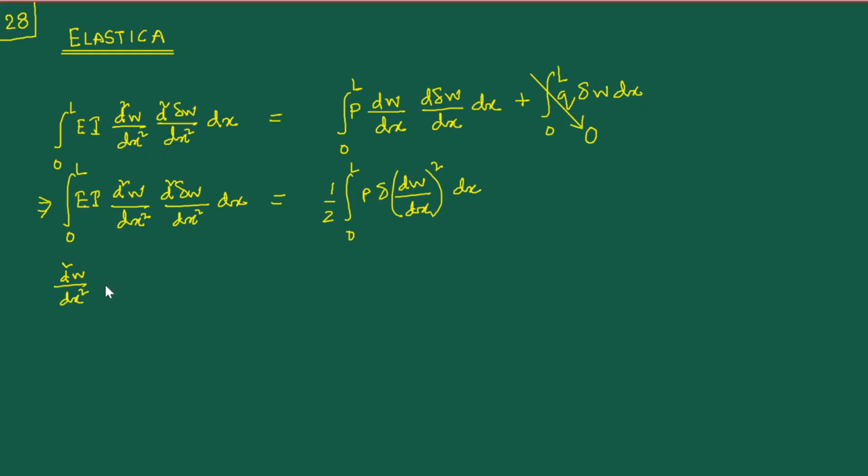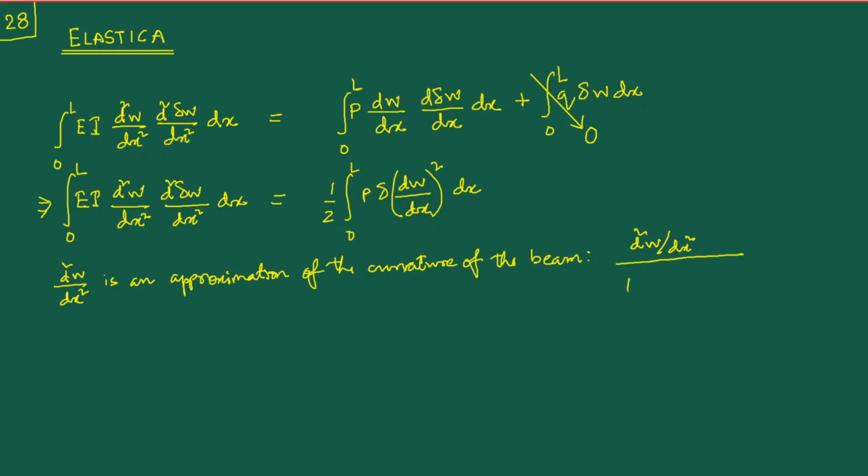So d squared w dx square is an approximation of the curvature of the beam, which, if you refer to your first year engineering mathematics books, you will note that the general formula for the curvature is given by this.